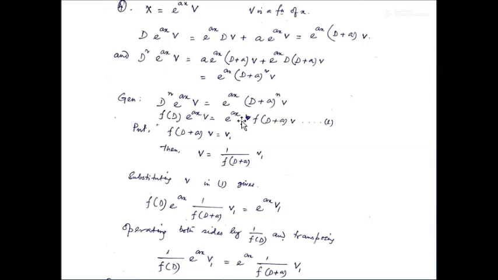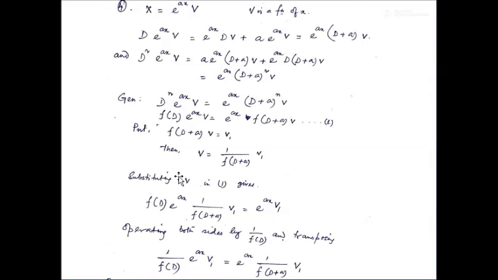You can separate this e to the power ax from this term, and you can get e to the power ax f(D plus a) into v as the particular integral. Now apply this function over v to get the particular integral. Now if f(D plus a) v equals v1, then v must be equal to 1 by (D plus a) into v1.